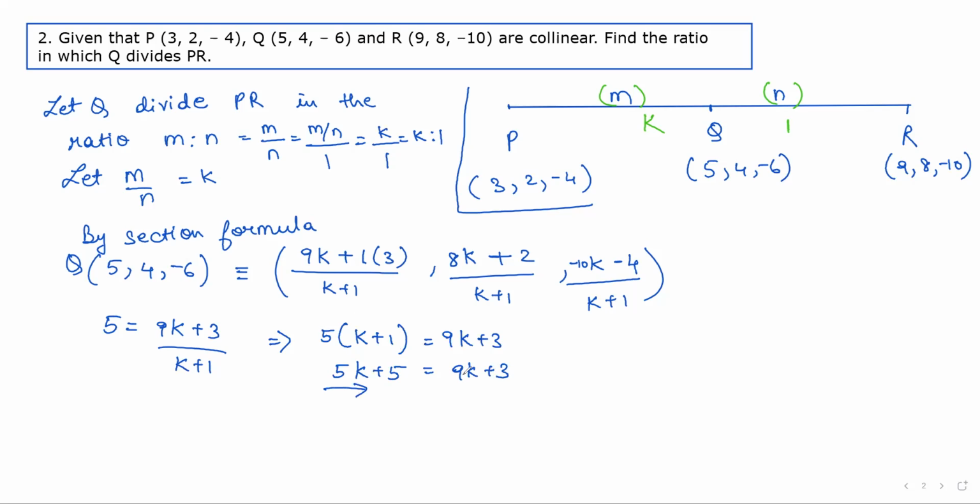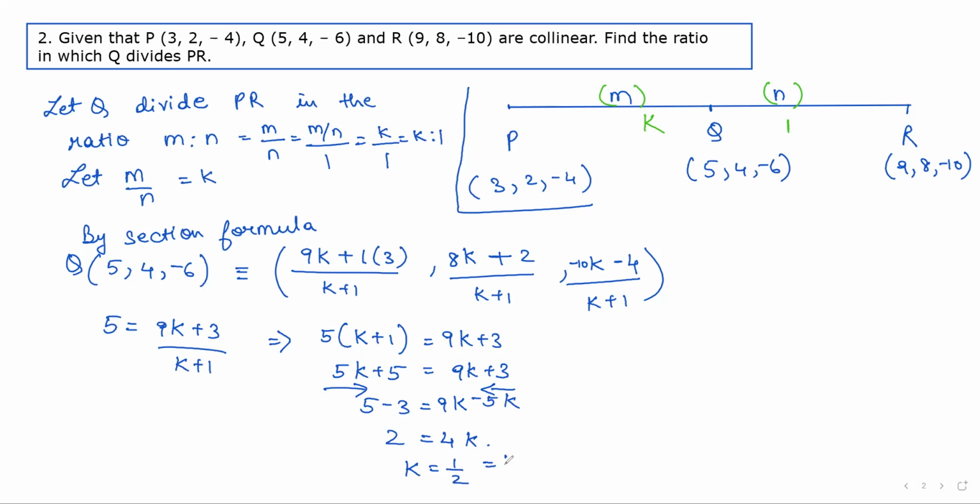Therefore, 5 minus 3 will be equal to 9k minus 5k. 2 is equal to 4k, and k is equal to 1 by 2.